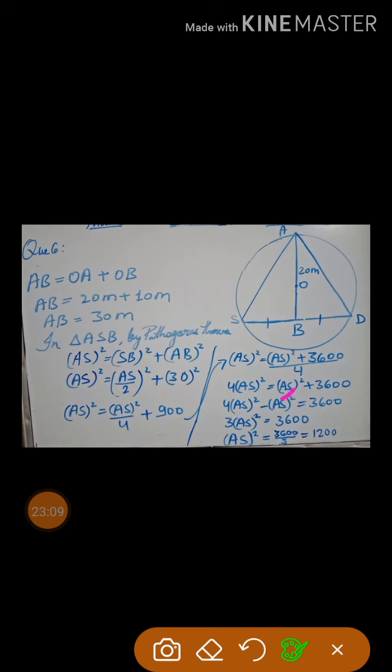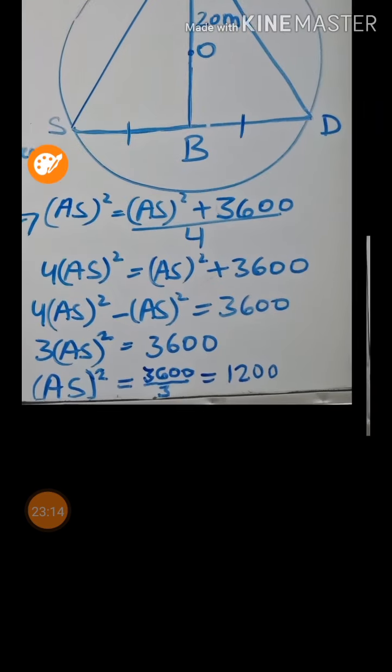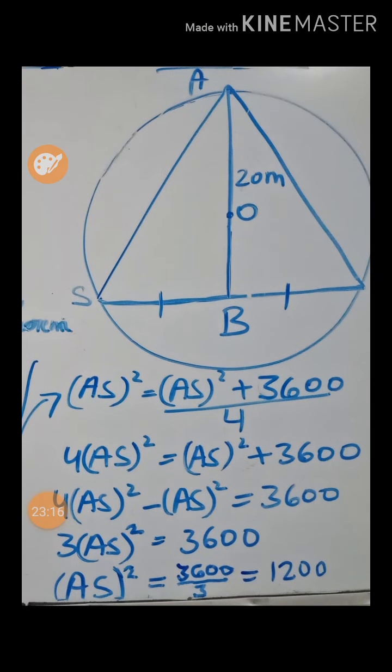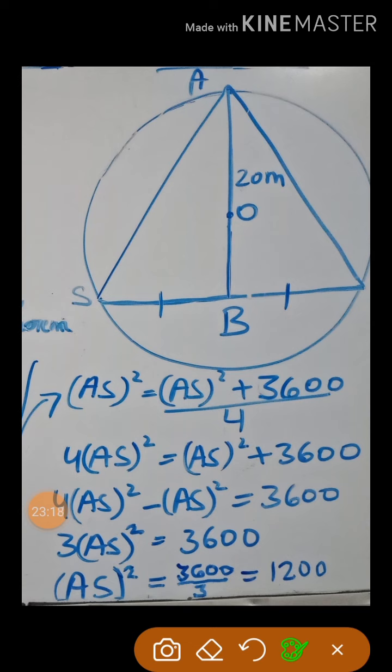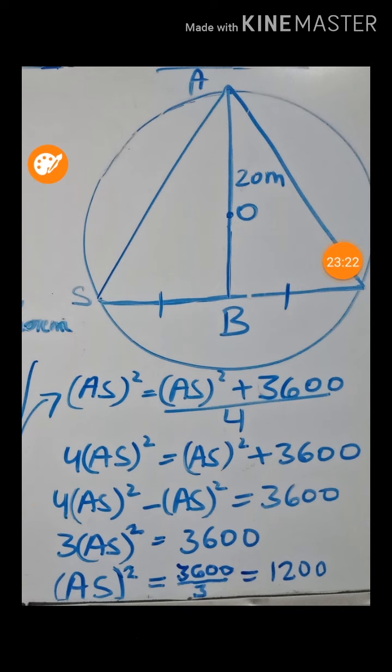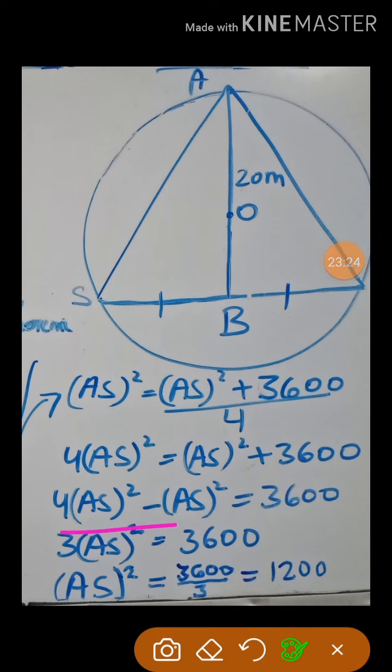Now this AS square will go to the left-hand side. 4 AS square minus AS square, means 3 AS square.